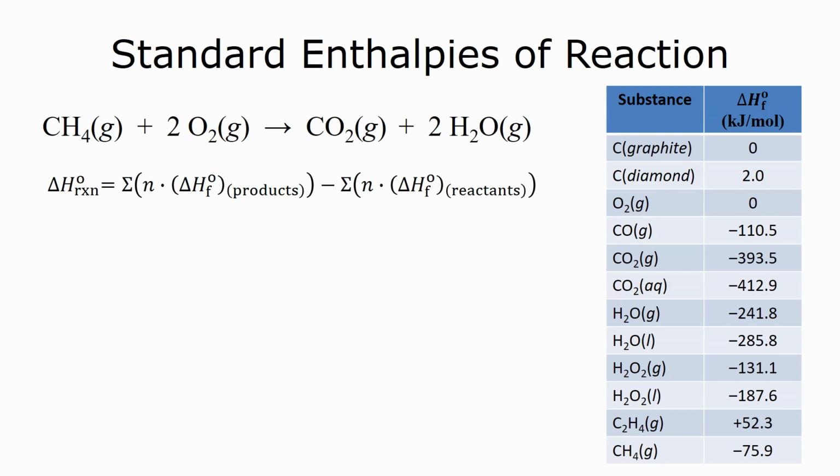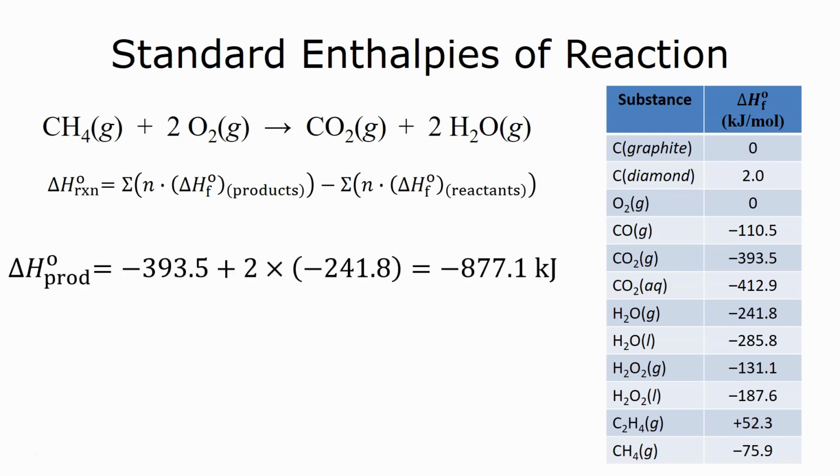As with delta of anything, we are talking about the difference between the final state, in this case the products of a reaction, minus the initial state, the reactants of a reaction. So if we can add up the enthalpies of formation of all the products times their stoichiometric coefficients and subtract from that the enthalpies of formation of all the reactants times their stoichiometric coefficients, we can get the enthalpy of this reaction, and we can do this for almost any reaction.